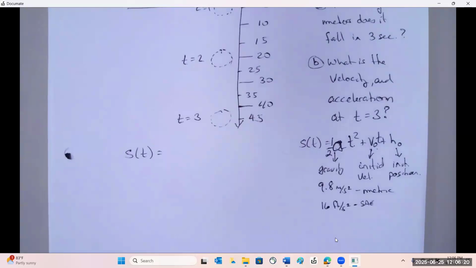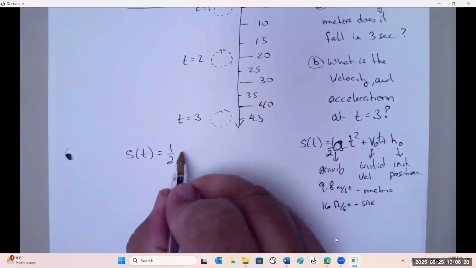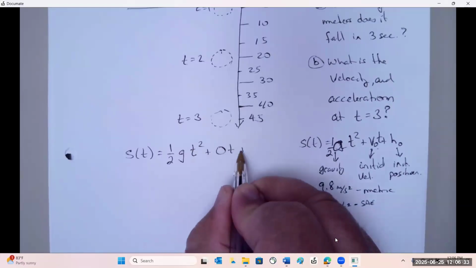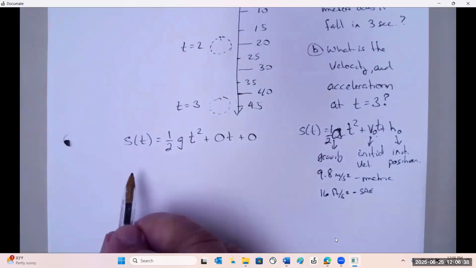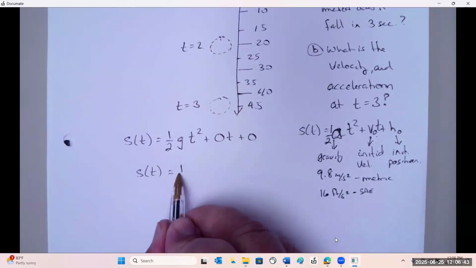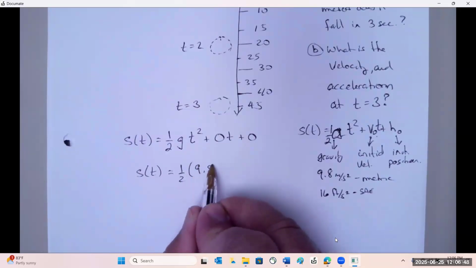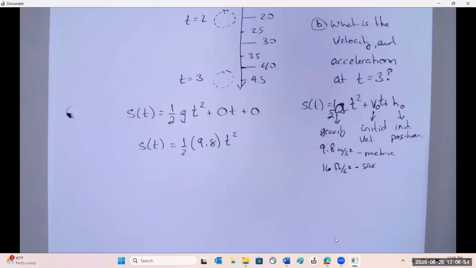And it's 1/2. So it's 1/2 gravity times time squared plus 0 times time plus 0, your initial position. So the formula we're going to use for a free falling object is that.